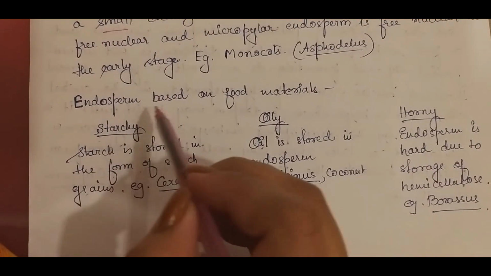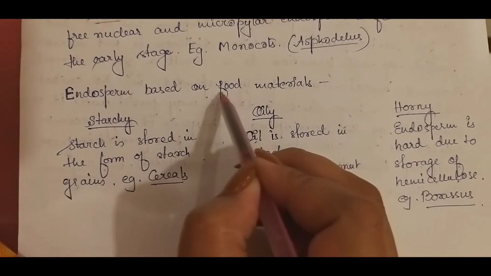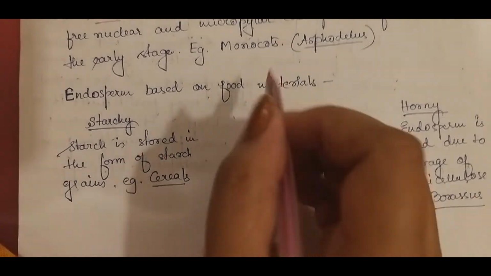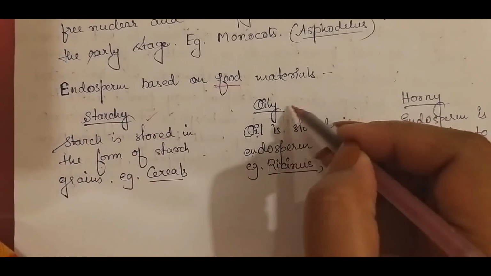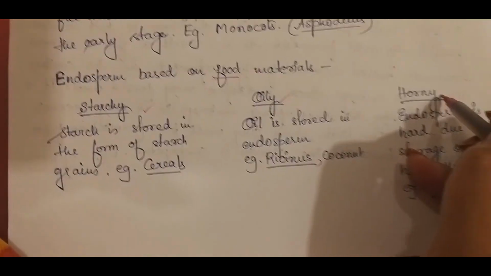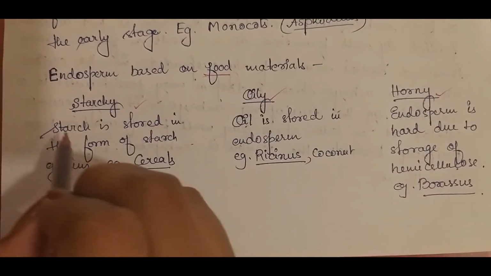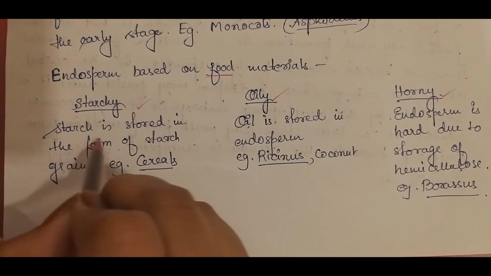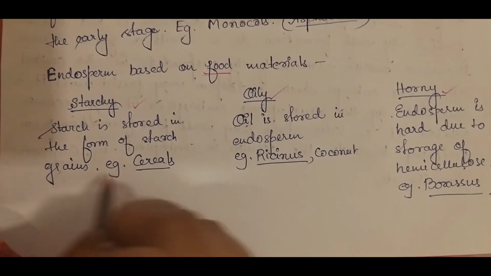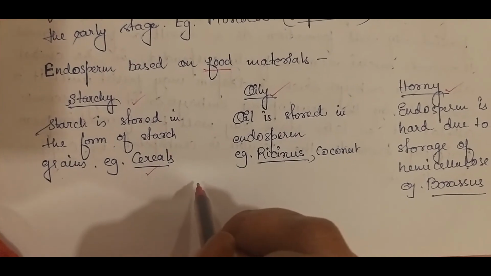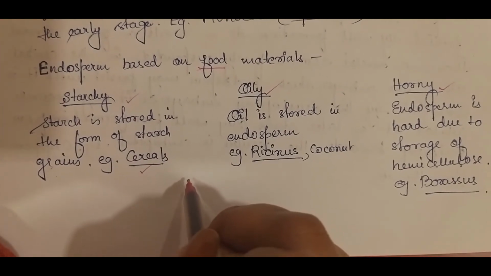Now see, if we divide endosperm based on the food material, we can have starchy endosperm, oily endosperm and horny endosperm. In starchy endosperm, starch is stored in the form of starch grains, which is commonly found in cereals, in members of Poaceae.